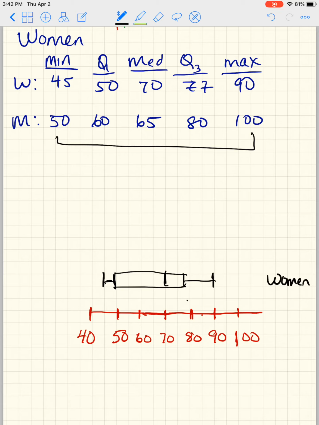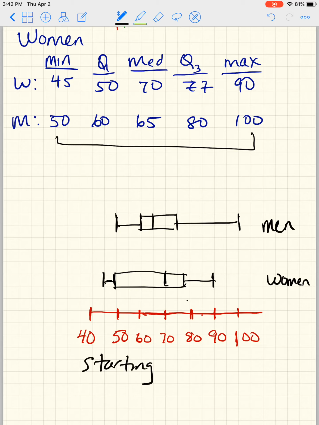And for men, I'm just going to go right on top somewhere, doesn't matter where, and put 50, 60, 65, 80, and then 100. And then I'm going to label this men, and you should always label both the X and Y. You don't need to make a Y, but it's okay if you do. Starting salary at, let's say, company X.